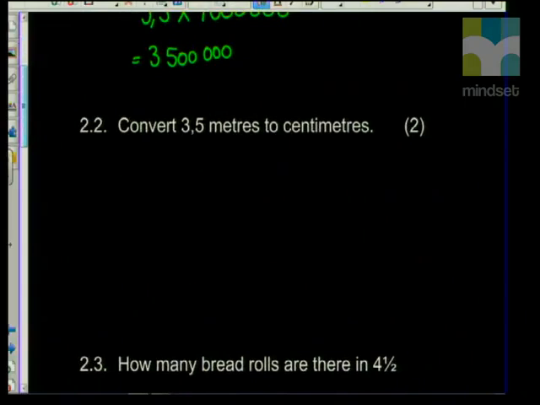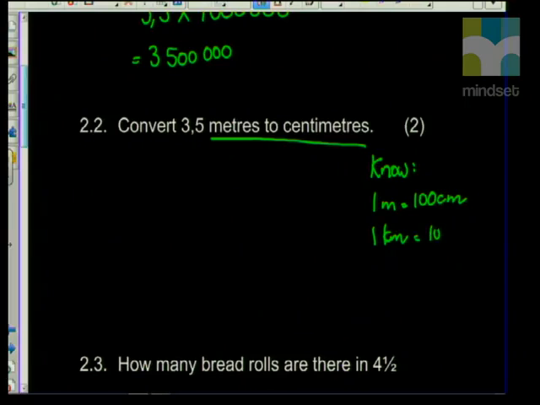Right, now we go on to your favorite ones, to convert from meters to centimeters. Now this is quite an easy one, but you do need to remember that you do need to know all the conversions. So you need to know that 1 meter is equal to 100 centimeters. And there's a lot of others that you need to know as well, like 1 kilometer is equal to 1,000 meters, and 1 centimeter is equal to 10 millimeters.